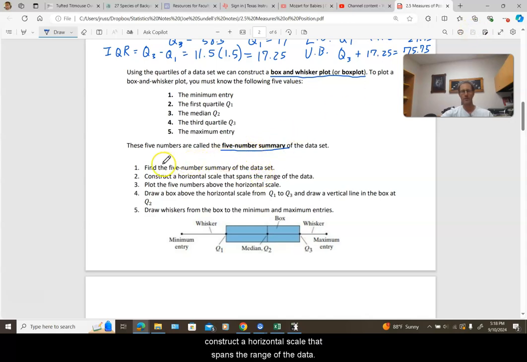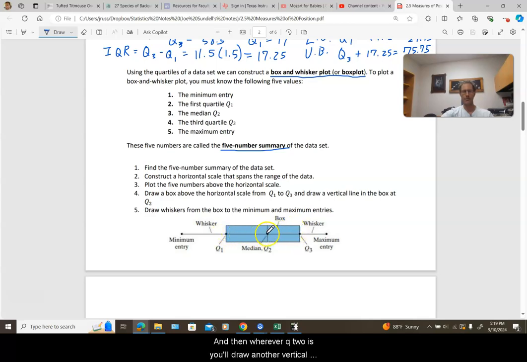The way you make this is you construct a horizontal scale that spans the range of the data. Usually the scale starts at whatever your minimum is and stops at whatever your maximum is. And then within this, you're going to see where Q1, Q2, and Q3 lie. Between Q1 and Q3, you're going to draw a rectangle, and that represents the interquartile range.